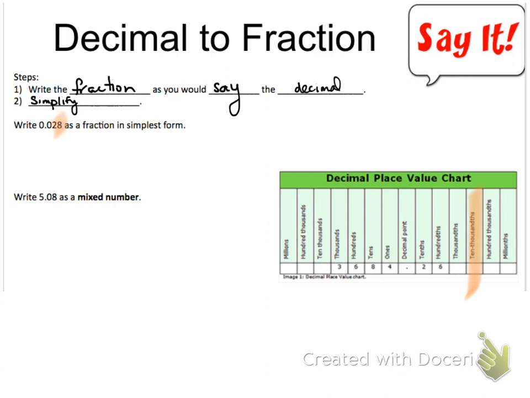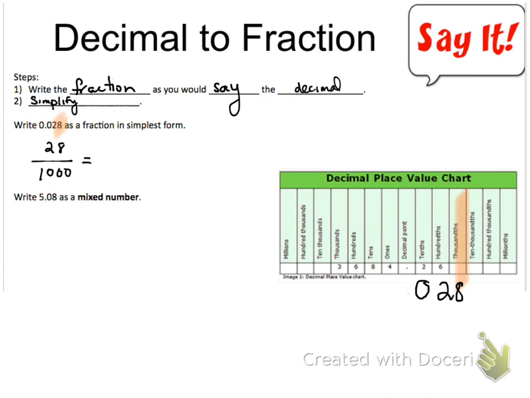So to say this properly, you would say 28 thousandths. If I think of that as a fraction, I would get 28 over 1,000. Then I just need to simplify it, and I am done.